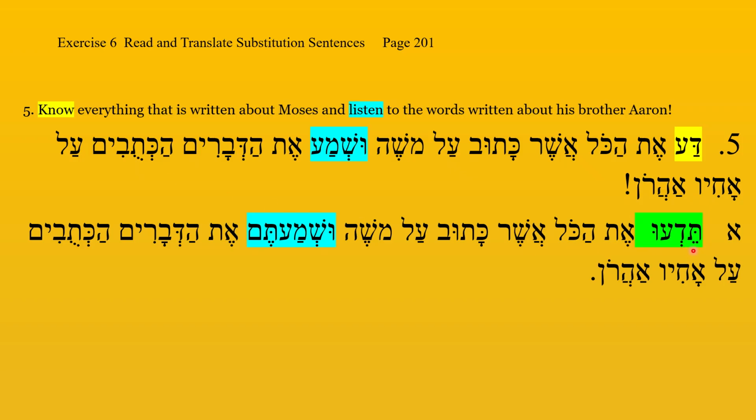Substitution Aleph. Ted'u et hakol asher katuv al Moshe ush matem et ha-devarim ha-katuvim al achiv Aharon. So now we have the again imperfect tense, te'u, which would be your masculine plural, y'all.